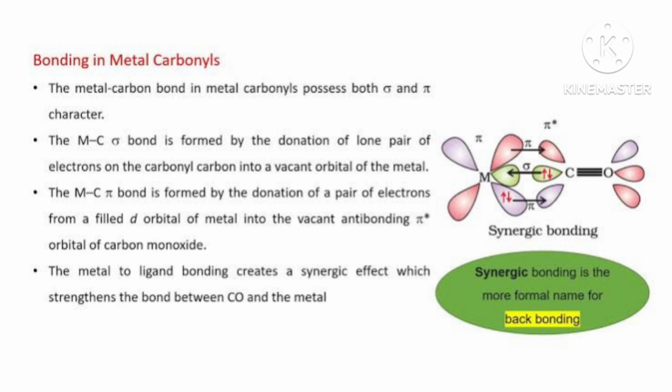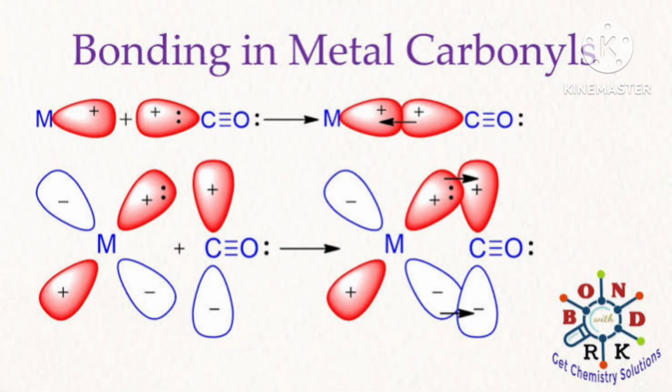Means 2 carbonyls are in a straight line, one carbonyl above Fe and the other carbonyl straight down, and the remaining 3 are in a triangular form. If you join these three CO, it will look like a triangle.